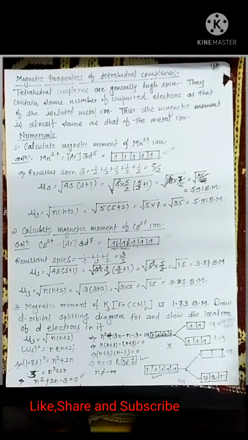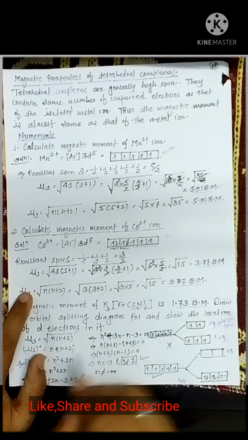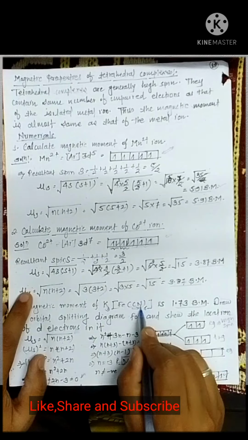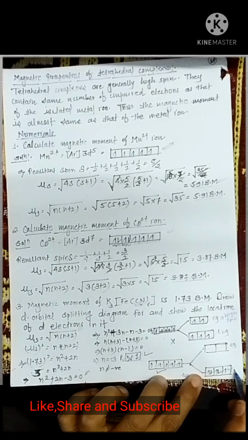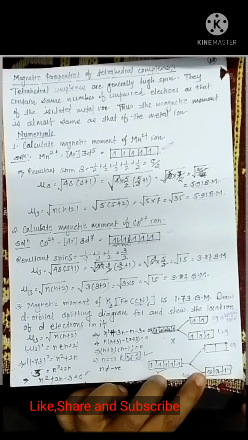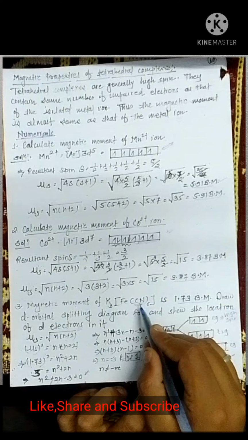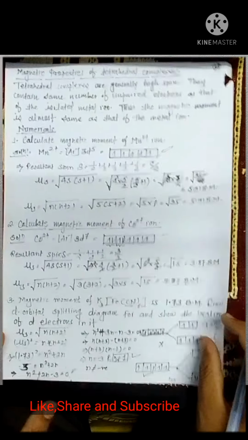Second thing, from this ligand also we can confirm that cyanide is a strong ligand, so pairing of electrons takes place. So it also gives a hint that the CFSE diagram for this given complex is like this, not like this. Thank you very much.